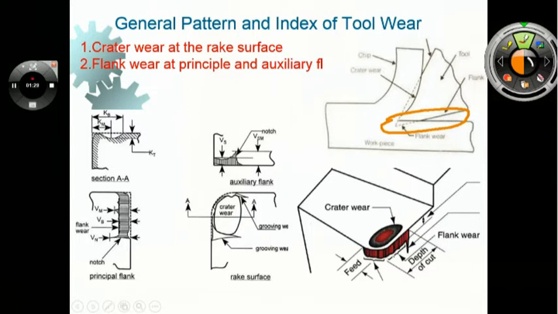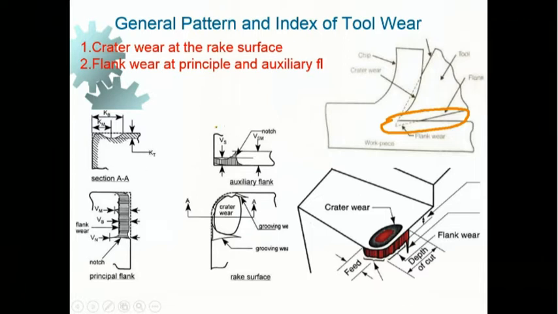If you look at the cross-sectional area, you can observe that this is the wear length. Up to which depth the wearing takes place on a flank surface, that is called the wear length. On a top view, this is the crater wear.